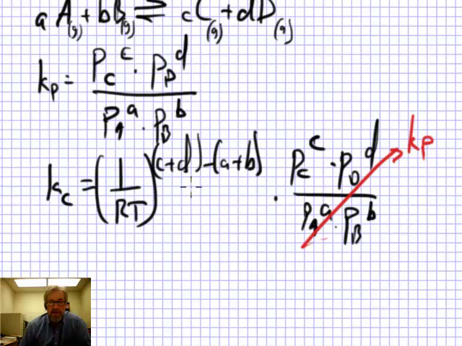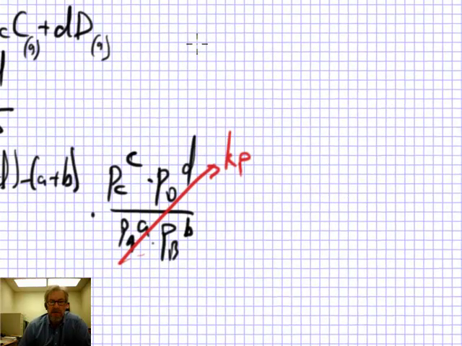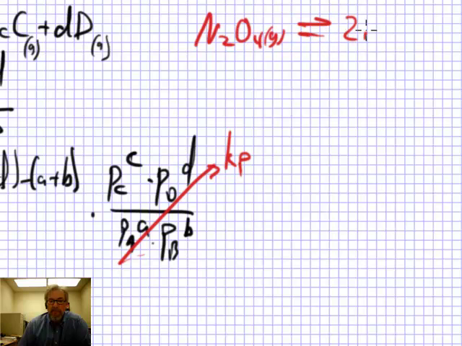Now let's look at what makes a difference in a real chemical reaction that doesn't necessarily always have everything being gases or the same number of moles of gases. Like, let's look at this one. If I have N2O4 gas in equilibrium with 2NO2 gas, on the right-hand side, I have 2 moles of gas. On the left-hand side, I have 1 mole of gas.